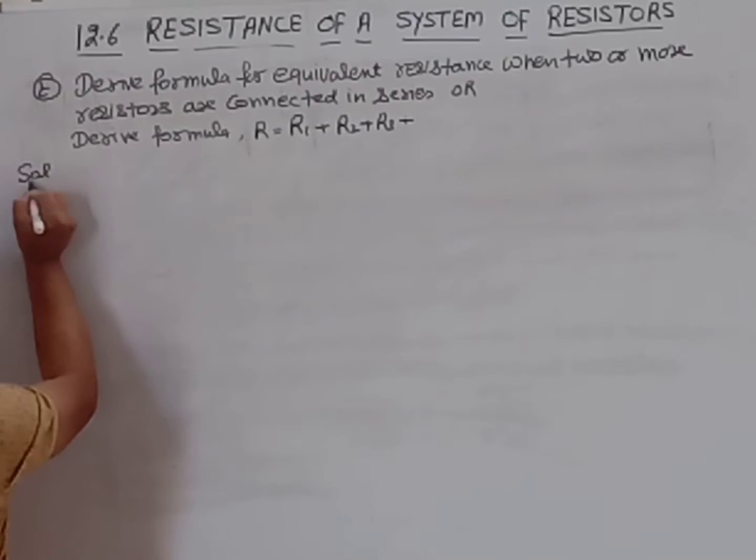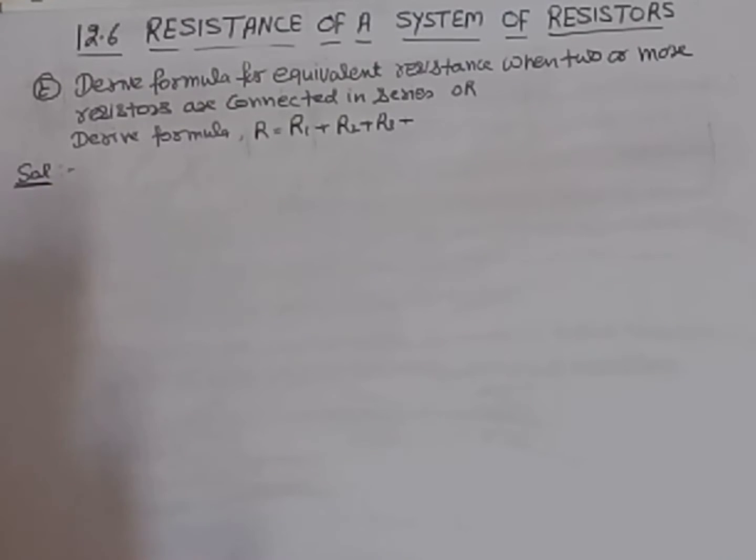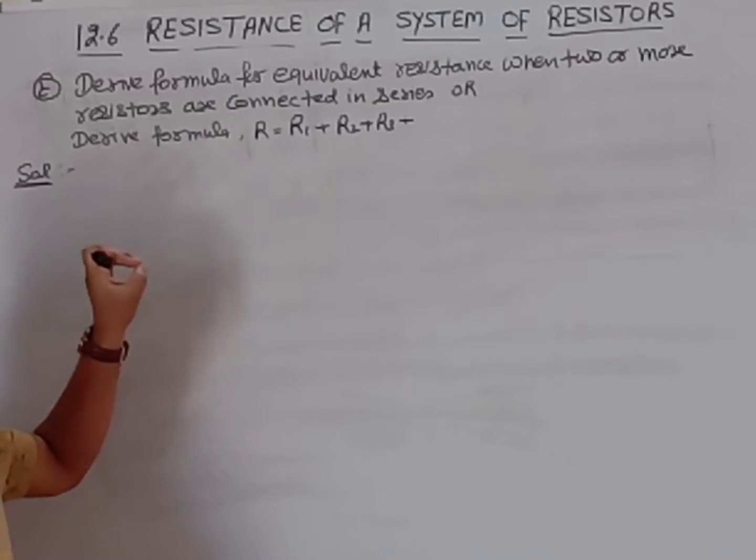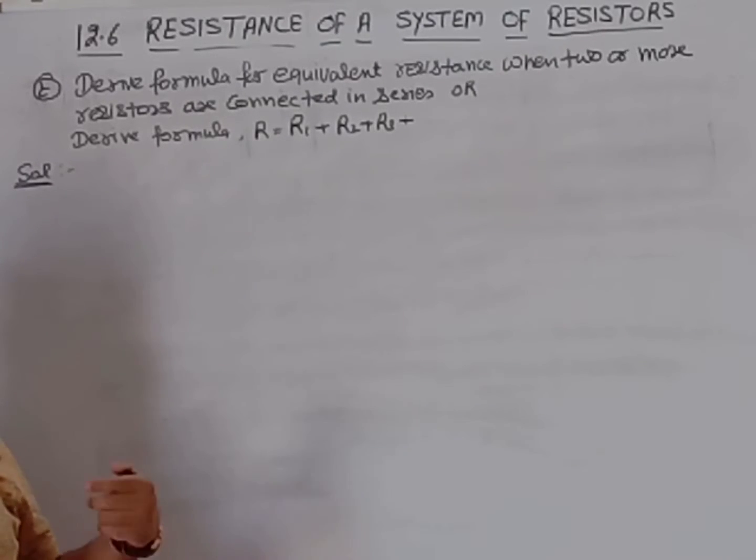Solution. We have to derive the formula for equivalent resistance when two, three, four or more resistors are connected in series.